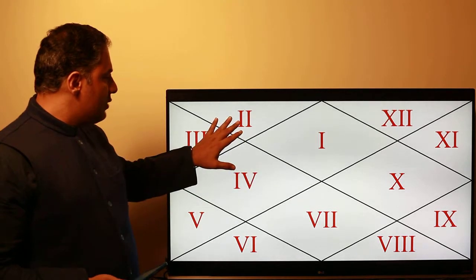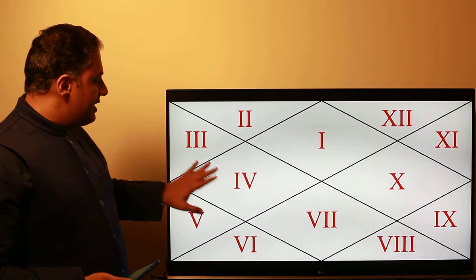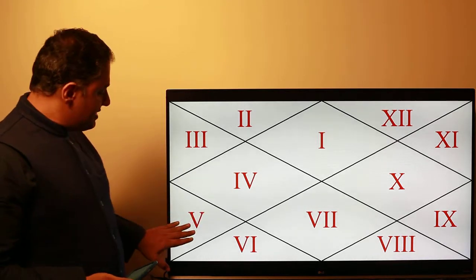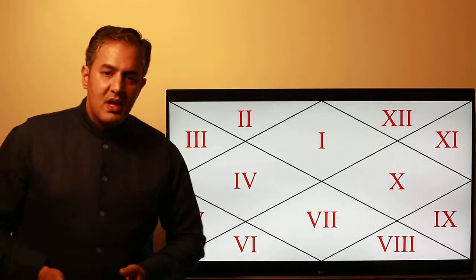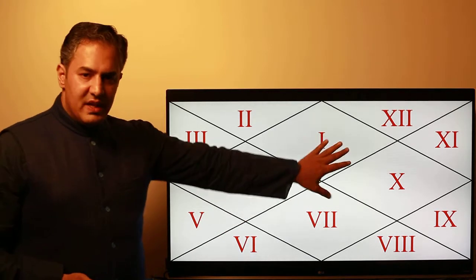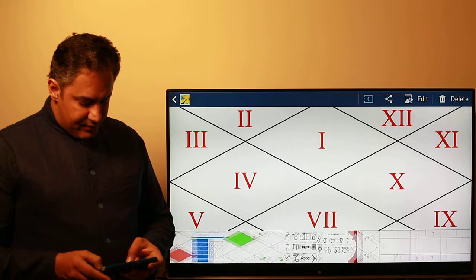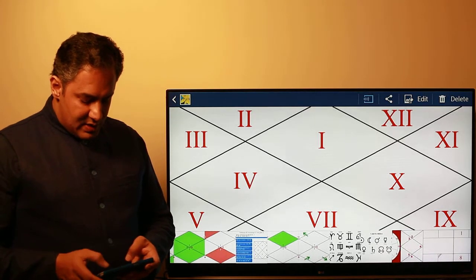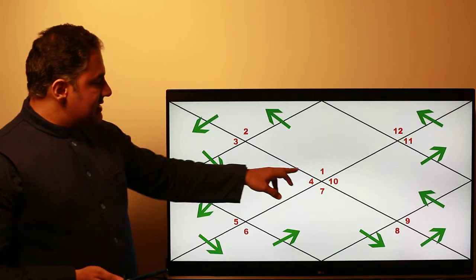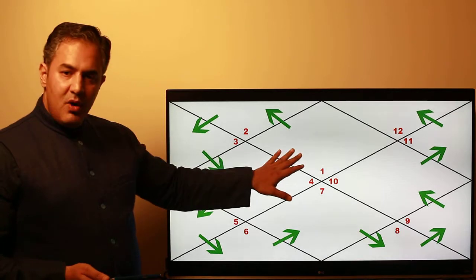This is the second house. This is the third house. This is the fourth house. This is the fifth, and so on. So these houses are always fixed, as you can see. This is an anti-clockwise system of a horoscope.